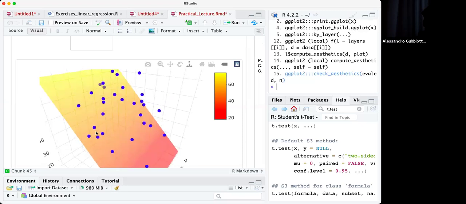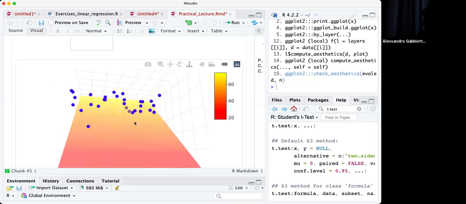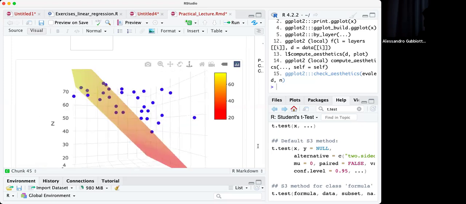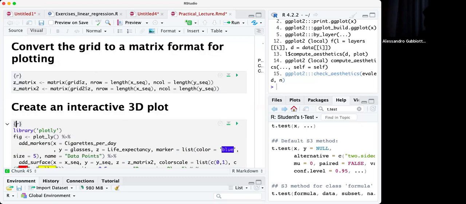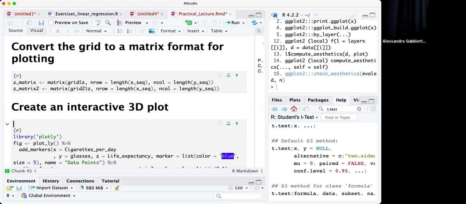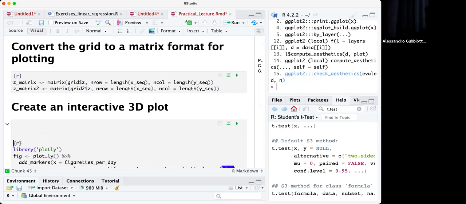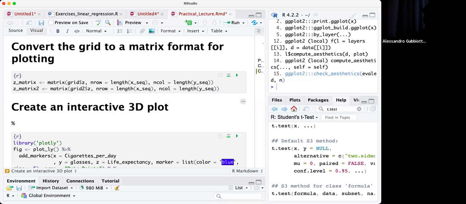You see there are some points and you want to take a plane that fits them, and a plane has this structure: the variable z is equal to beta 0 plus beta 1 x plus beta 2 y.